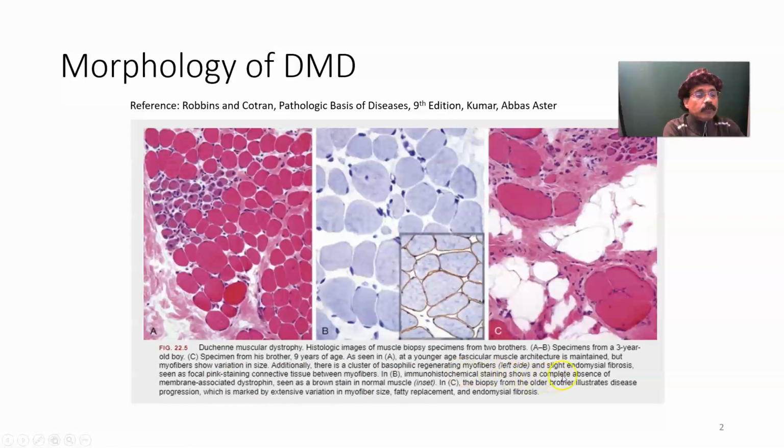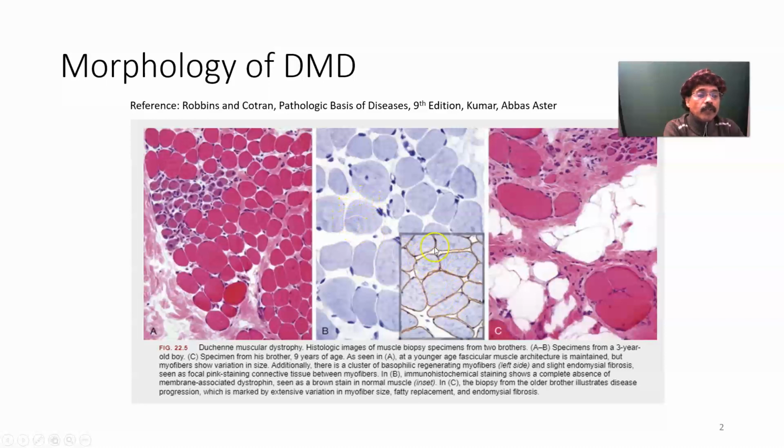Immunohistochemical staining shows complete absence of membrane associated dystrophin. Dystrophin connects the cytoskeleton to the cell membrane, so it helps in contraction of the muscle, and is also essential for signal transmission. At the cell membrane there is no dystrophin.